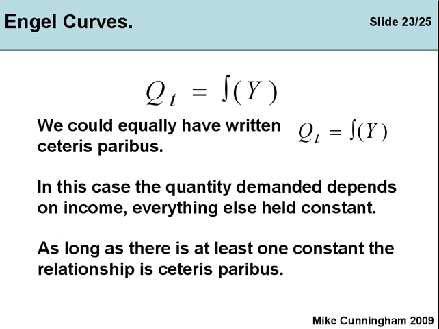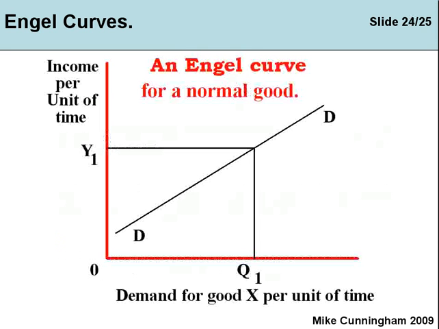This idea of ceteris paribus applies if we only hold one item constant. In our case, we've held many items constant here. But if you actually just hold one, it's ceteris paribus. And it's worth making it explicit. Okay, let's go on with the Engel curve after that slight digression. Here's an Engel curve for a normal good. This is like the one I drew earlier in the session.